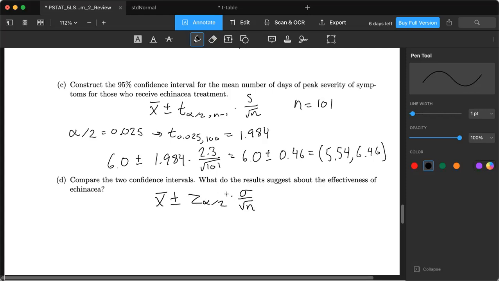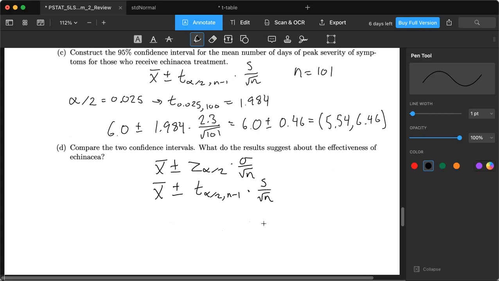So if you have sigma, if you have the population standard deviation, you use Z. We also have X bar plus or minus T sub alpha over 2, comma n minus 1 times S over the square root of n. So if you're using the sample standard deviation, you use T. And then the other type is if we have a proportion, so P hat plus or minus, and this is where we use Z as well, times the square root of P hat Q hat over n.